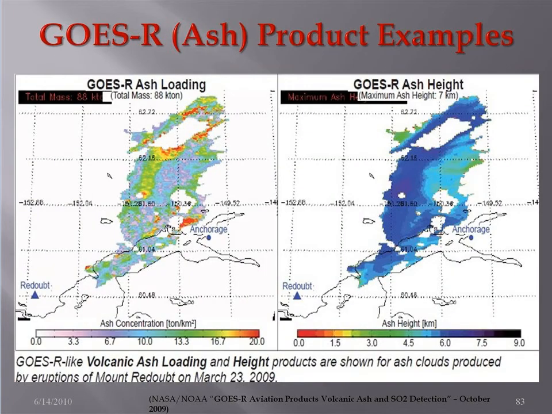Here are two good examples of future GOES-R volcanic ash products based on the eruption of Mount Redoubt back on March 23, 2009, brought to us by Jim Gurka, Steve Goodman, Mike Pavlonis, and Gary Hufford. This example actually simulates what we would be getting with the GOES-R platform in the form of ash loading here on the left, which is critical.